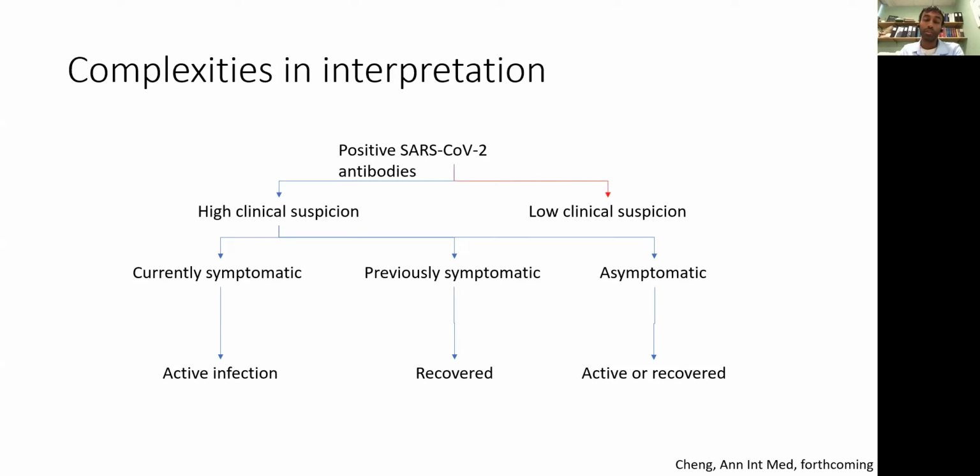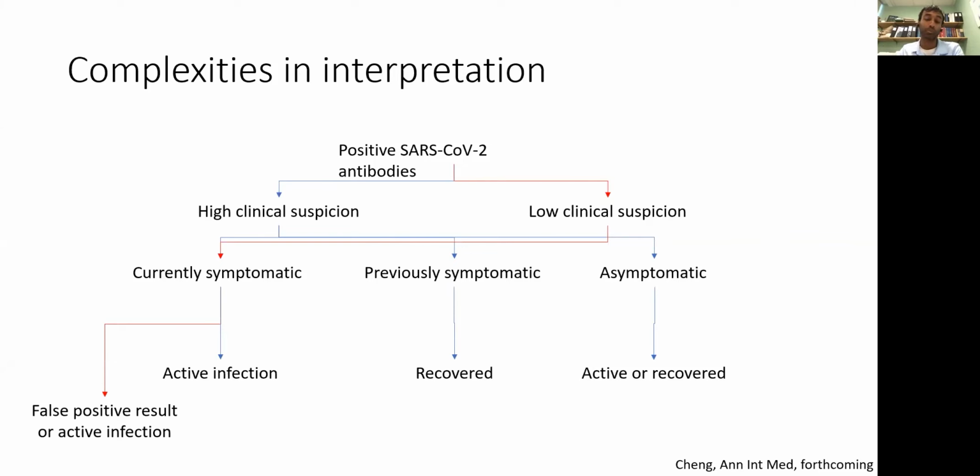Now, if we're looking at low clinical suspicion and they're currently symptomatic, then it's possible that this test has provided a false positive result, which again gets to the issue of having a test run on asymptomatic people in a low prevalence situation. However, there are plenty of stories of people being diagnosed with SARS-CoV-2 in the past or currently that have surprised the clinical teams.